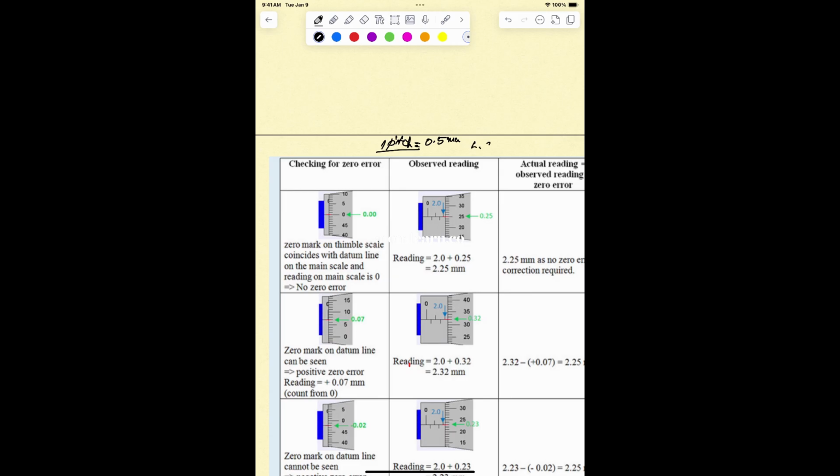Then the least count is the pitch divided by the number of divisions on the circular scale.